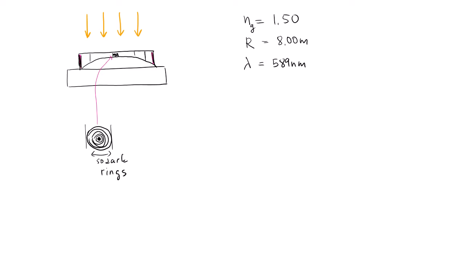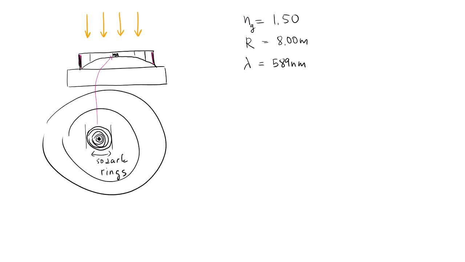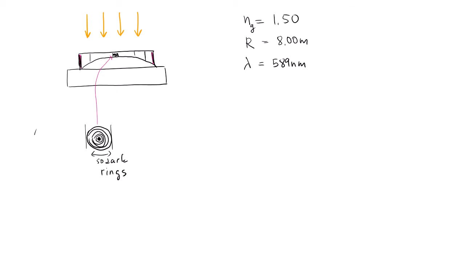So if I had to draw, this would be the center, and then I would have rings going around all the way to the edges. Now we want to find out what is the thickness at the center of the pattern, which is on my graph. This would be what we're looking for, this thickness.